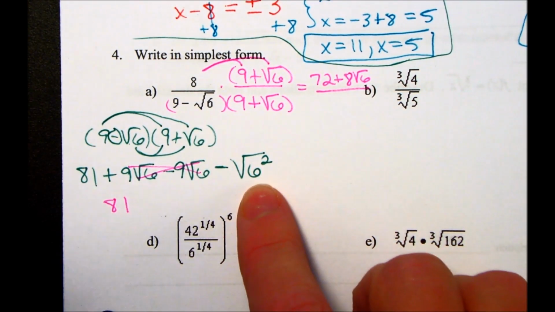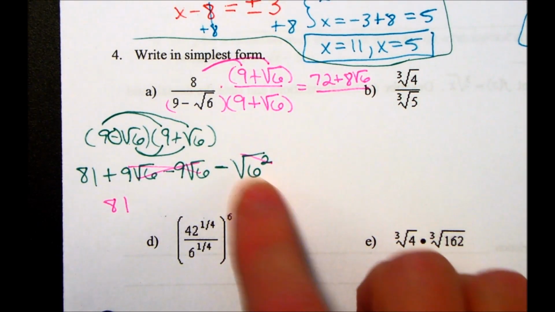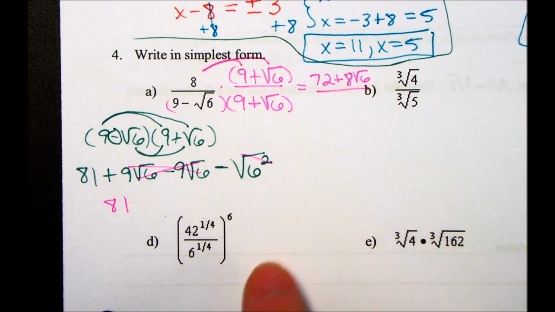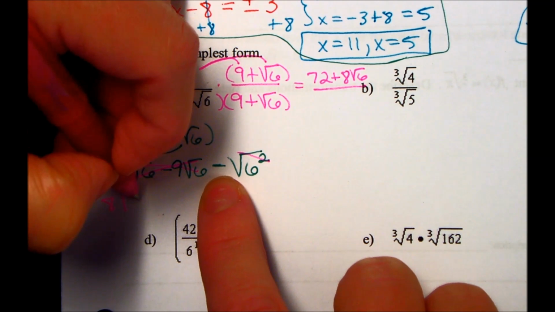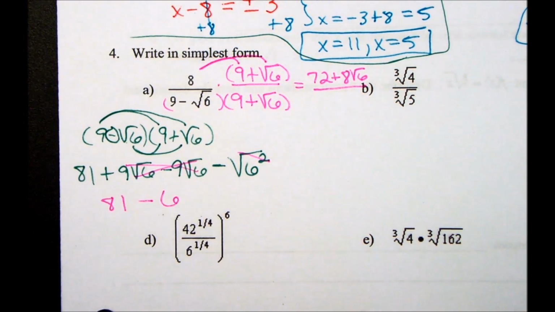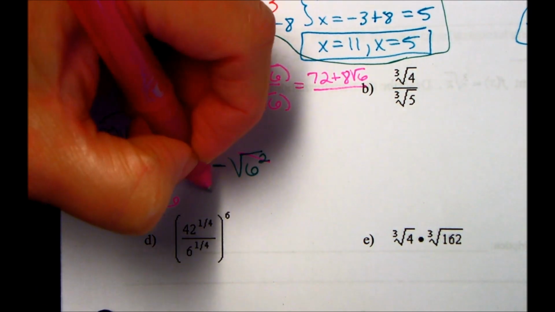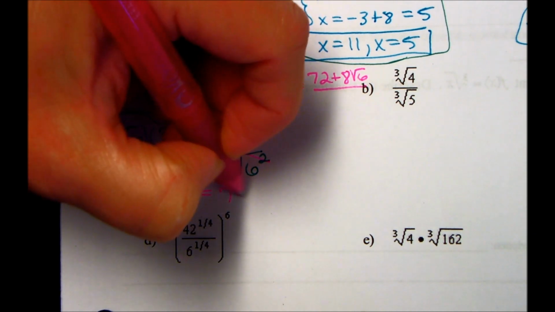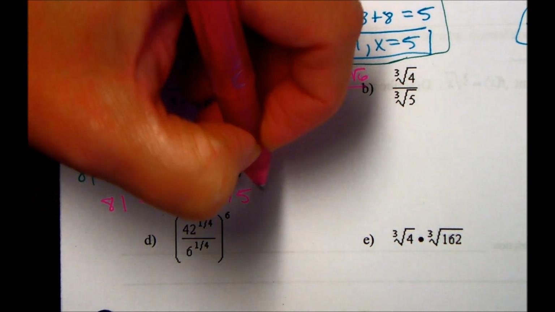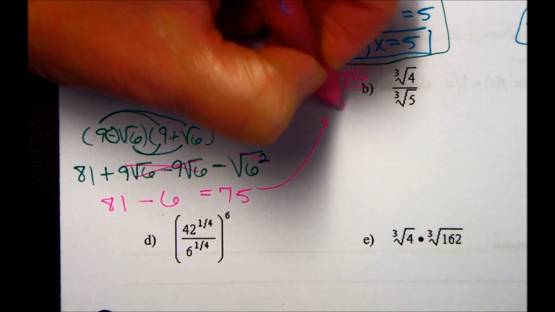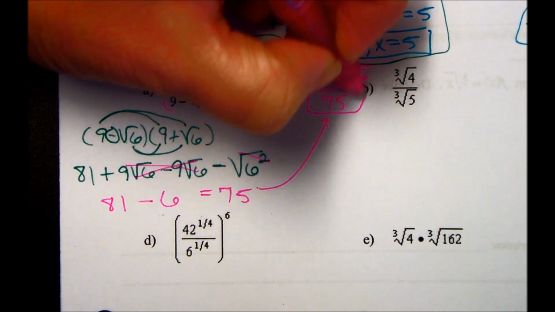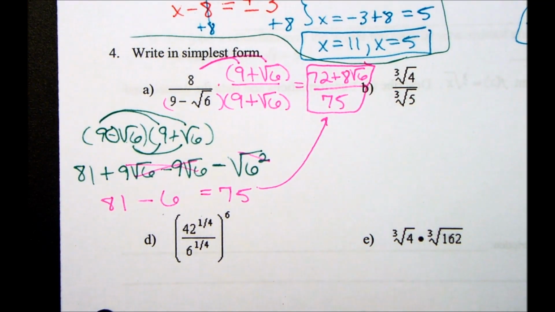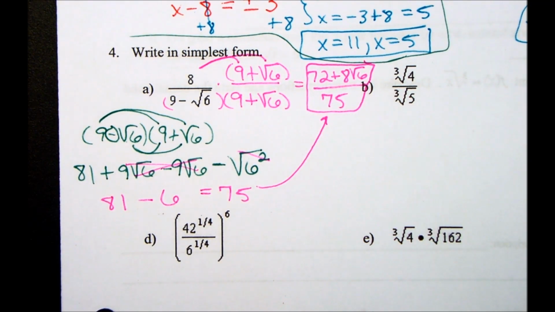And then your square root of 6 squared, that square root and square cancel each other out, but you still have a minus here, and then 6. So the 81 minus 6 is going to equal 75. That becomes the denominator in your simplified expression. So that is our answer to 4A: 72 plus 8 square root of 6 over 75.